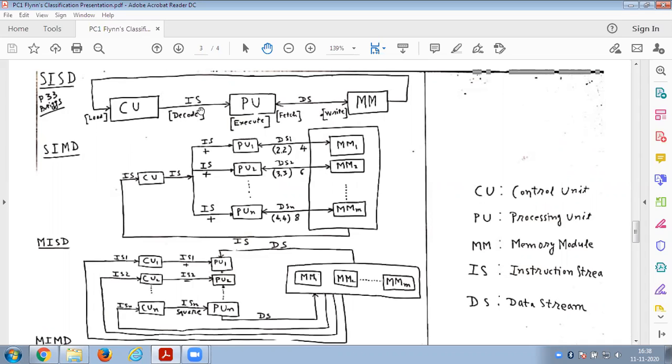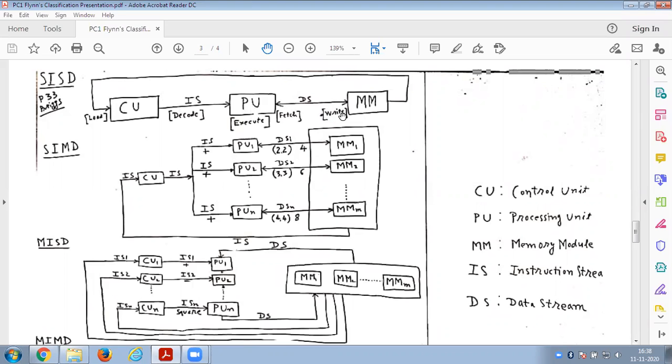The control unit gives the decoded instruction to the processing unit, and then the processing unit takes data from memory. This is called the fetch operation. Suppose 2 plus 2 is to be done. So plus is coming here, and then the processing unit takes 2 and 2, the plus operation is performed, and the result is written back into the memory.